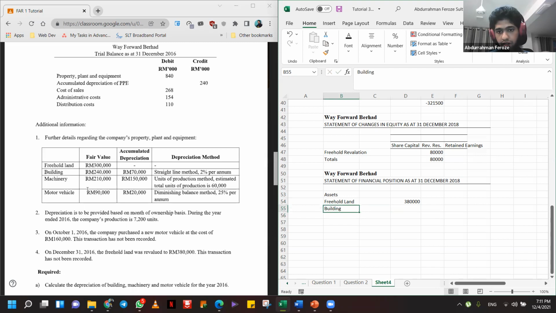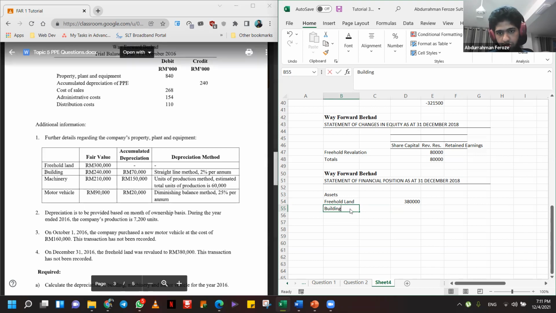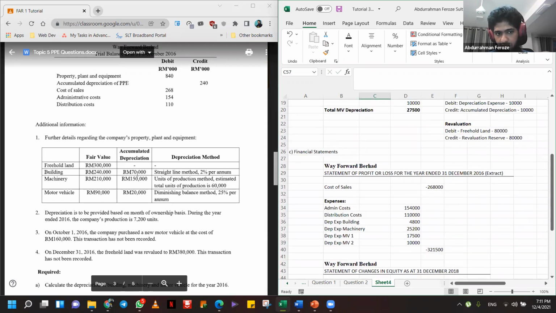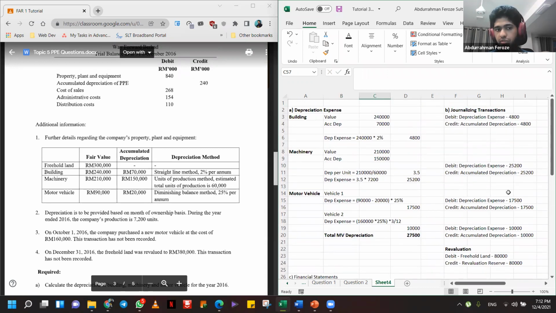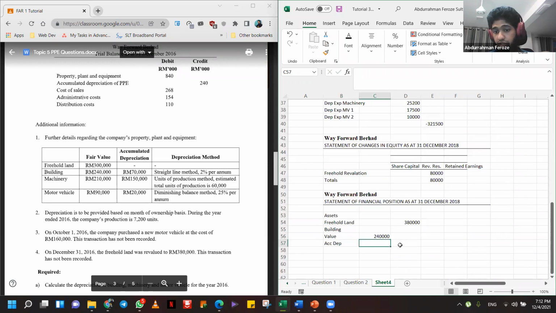Under building, let's put it like this. We have value, and we have accumulated depreciation. The value is 240,000. And the accumulated depreciation is 70,000 plus 4,800, so that will be 74,800 for the current year.